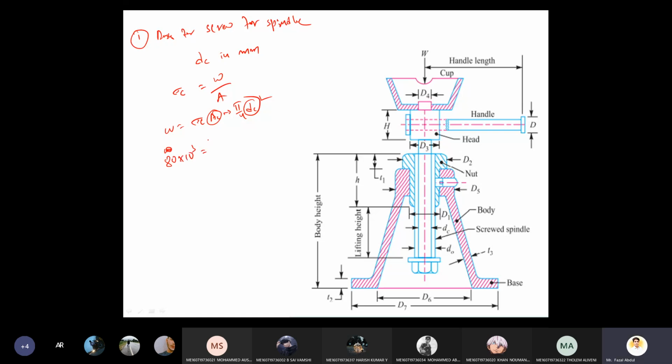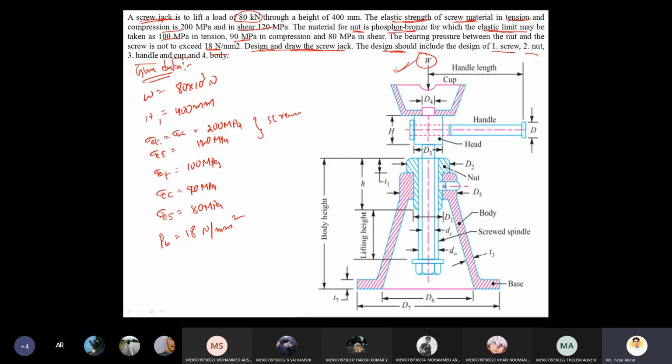Compressive stress, how much do we need to take? Here the elastic tensile and compressive values are both given as 200 megapascal. These values are under the elastic limit, not pure tension or pure compression, right? So to get this, we need to consider a factor of safety.